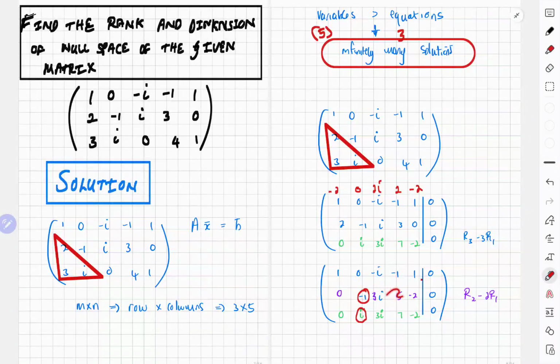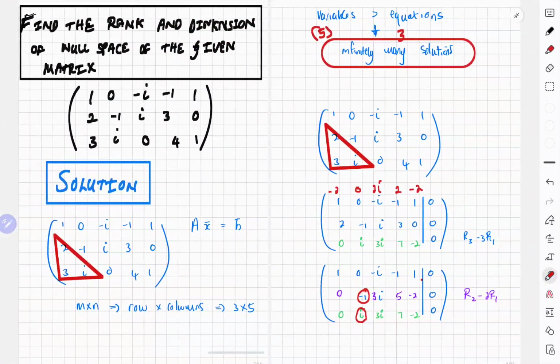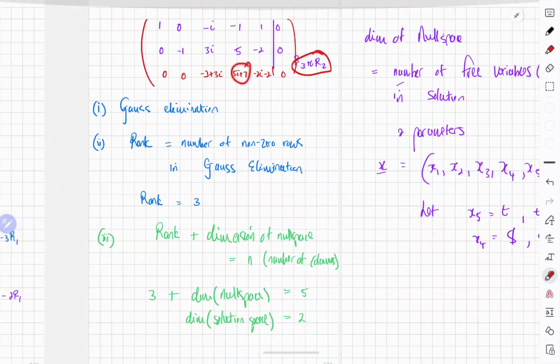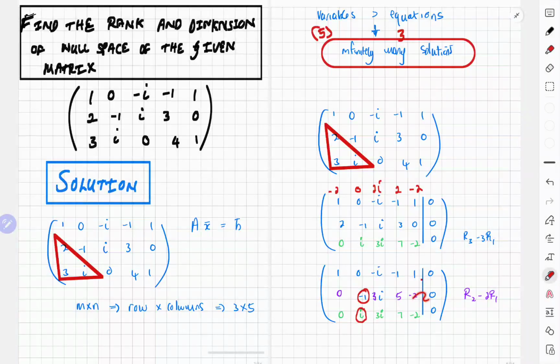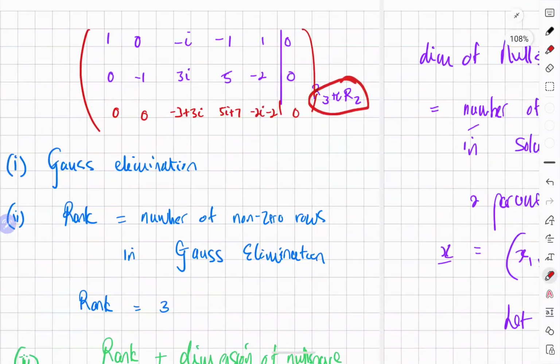So just remember, when you times i by i, i squared is -1. So you get -3 plus 3i. Then I times here by i, so 5i plus 7, and then I have negative 2i minus 2. So that's now what I got here.